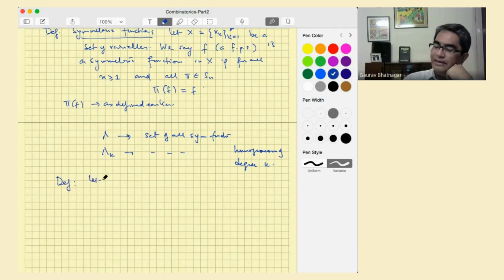Okay, and definition: let lambda be a partition, X as above.